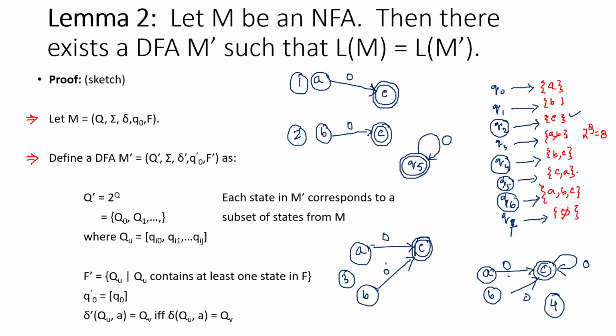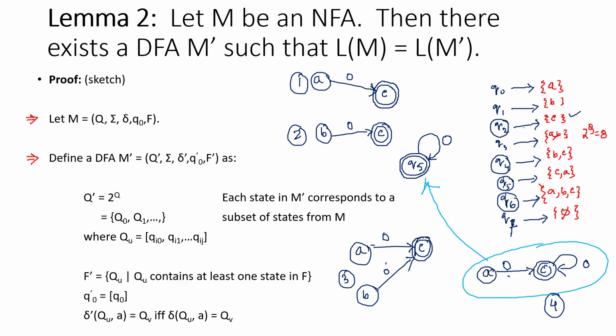So in the NFA, if I find that from C there is a self loop for 0 to C, and from A there is a path to C for 0, then forget about B right now, this particular situation we can show in this way, because Q5 is representing the states C and A as a whole.